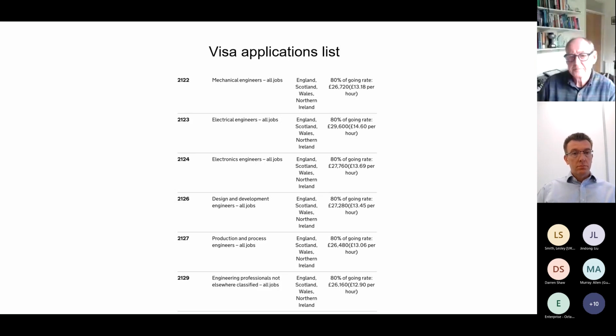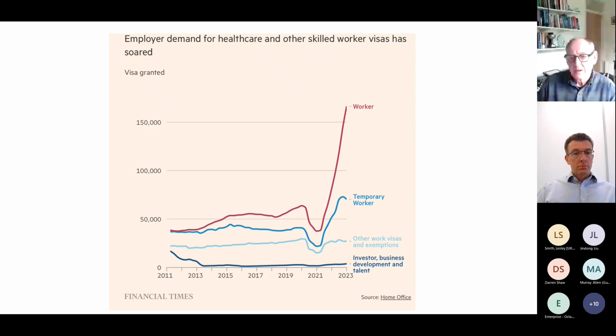Next slide. This is what's happened in the last 18 months. These are the visas granted.